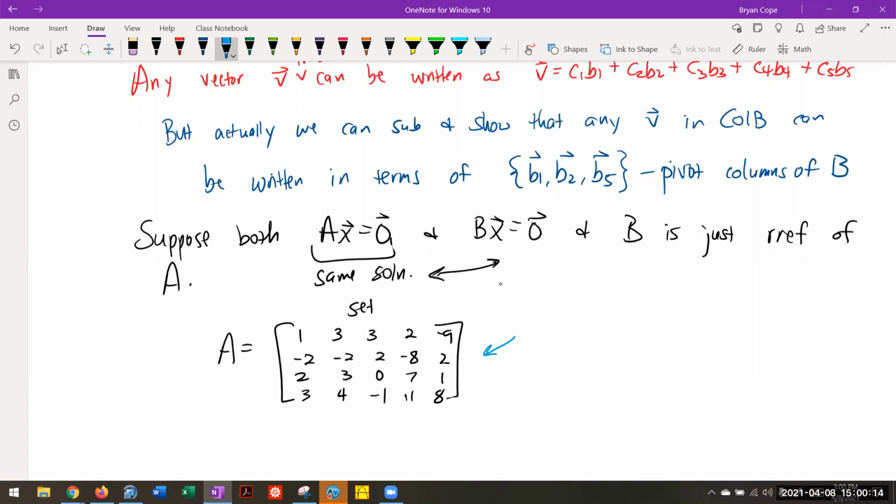This matrix that I just drew is just the non-ref of the matrix B that we saw before.